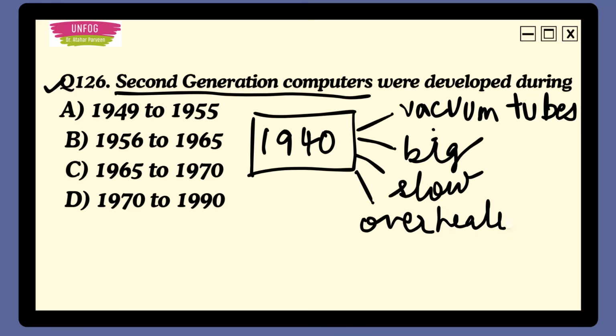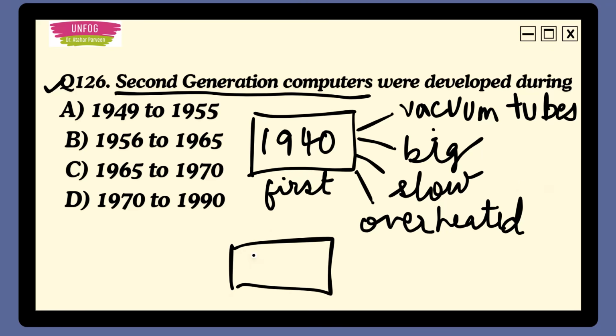So this was the first computer they made. They realized that it had some drawbacks, so they made a second computer in the year 1956. The second computer was made using transistors.